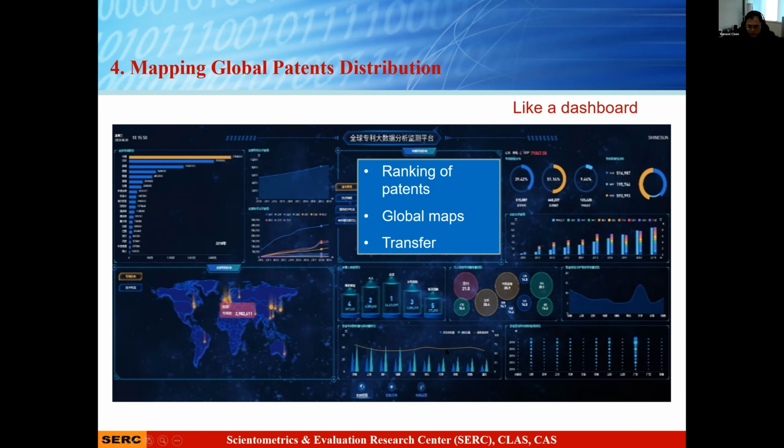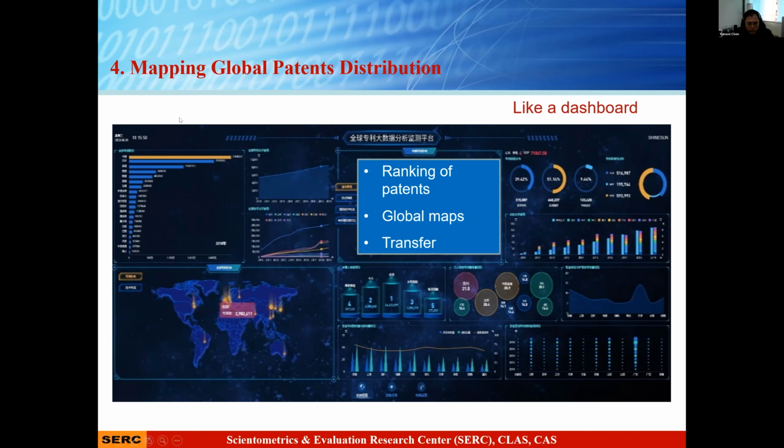We can also see the subfield distribution. We can also find technology patent rights transferred from one country to another, the inter-transfer of patent rights. It's very interesting. Actually, this is just the map.